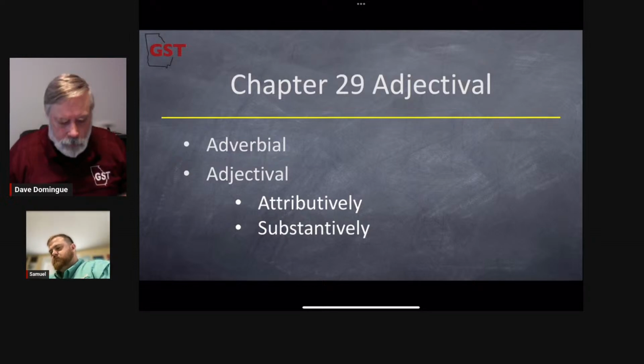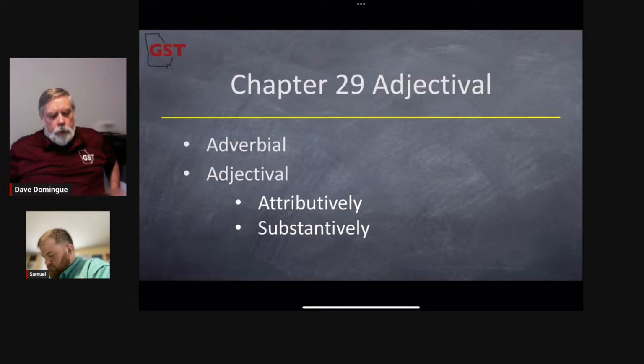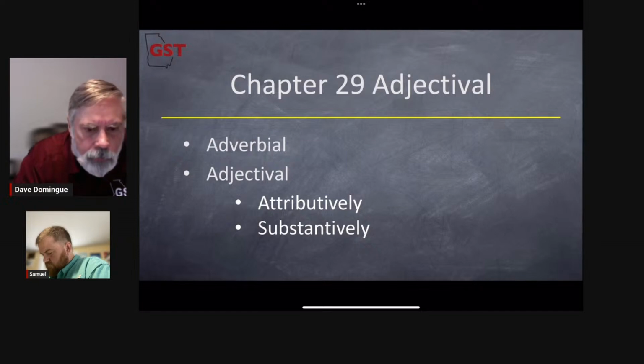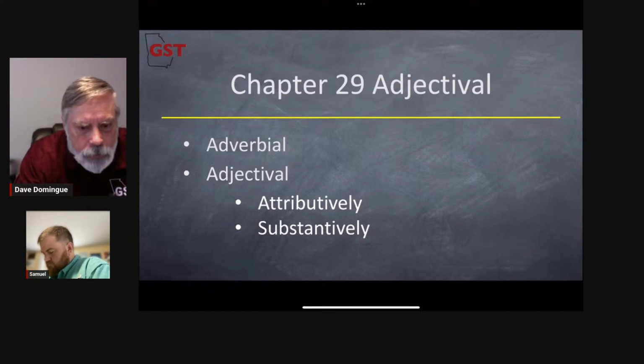emphasize adjectival participles. And so we'll kind of go back to a review again, but I want to emphasize a little more about adverbial that we haven't yet touched on. And then also we'll expand our understanding of how participles are used in an adjectival sense.